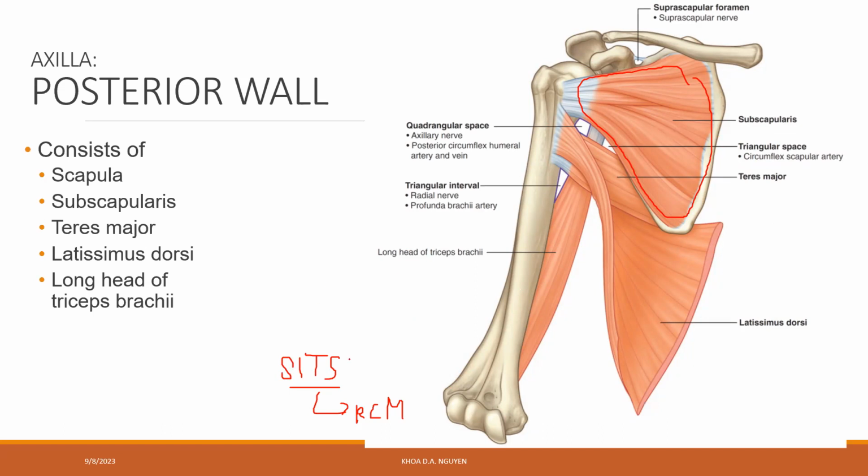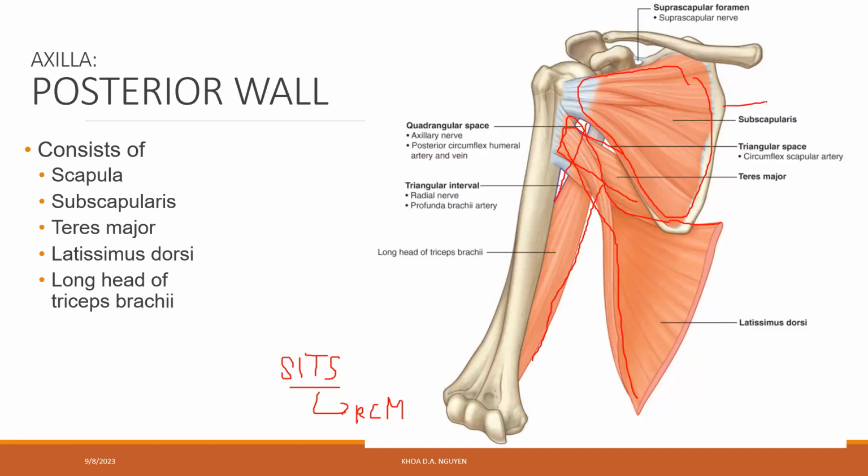not only does it contribute to creating the rotator cuff, the subscapularis is also going to contribute alongside the teres major muscle right here, the latissimus dorsi muscle right here, as well as a part of the long head of the triceps brachii over here, in order to make up this posterior wall of the axillary fossa, okay?